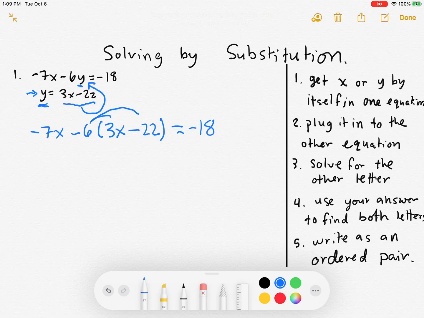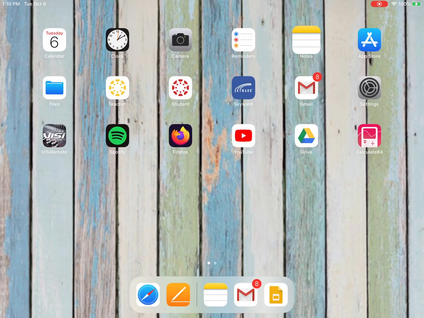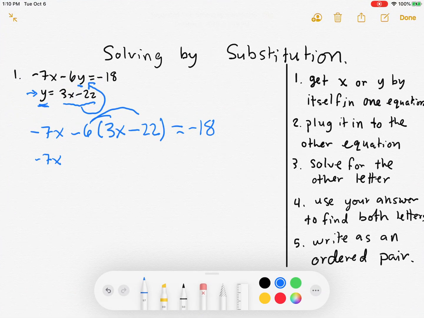So we get negative 7x minus 18x plus 132 equals negative 18. Okay. Combine like terms, we get negative 25x plus 132 equals negative 18.